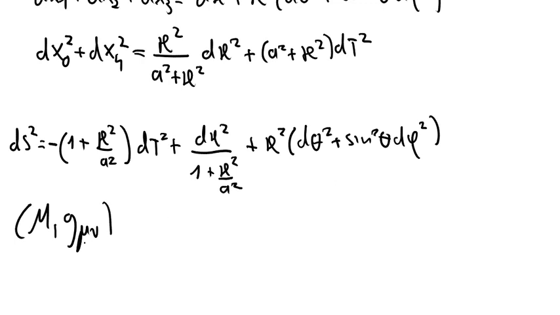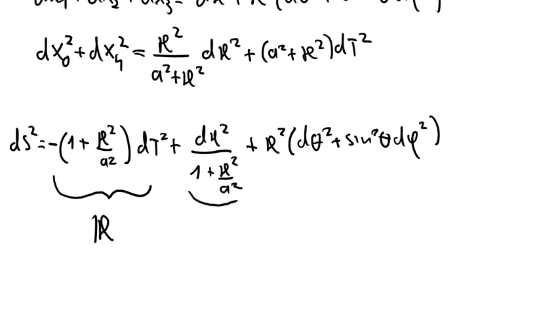You can also guess that by looking at the expression of the metric, because this part has topology R, and this part has topology R3, because this is just flat.